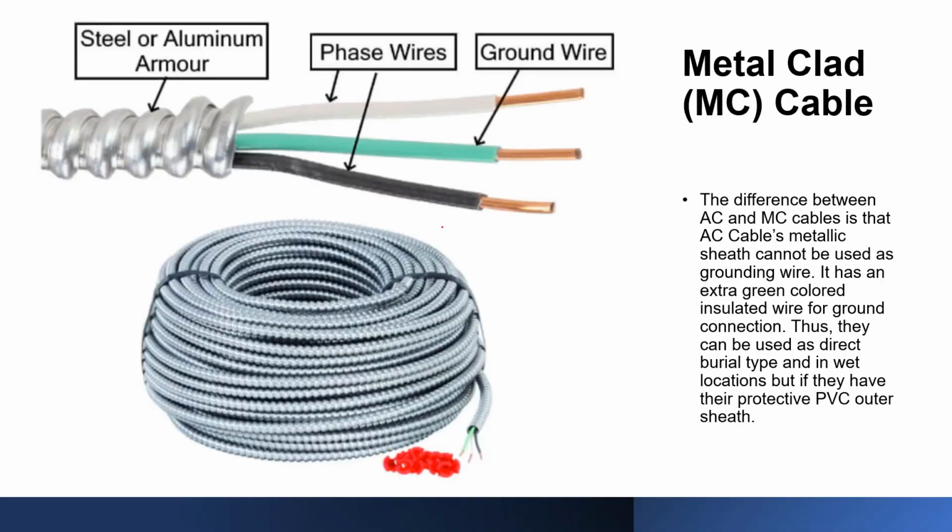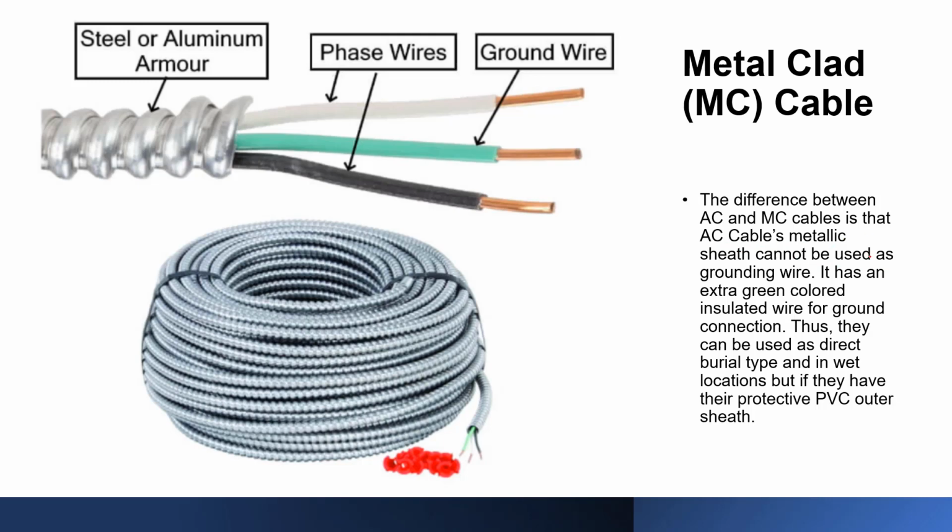The next one is the metal clad cable. This you can commonly see in the mall. Steel or armor, then the phase wires. The difference between AC and MC cables is that the AC cable's metallic sheet cannot be used as a grounding wire. Take note of that.